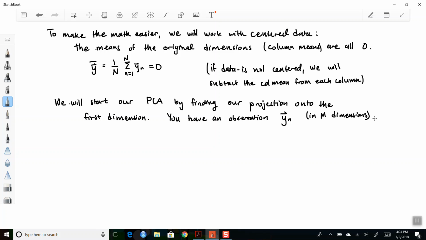But if we're projecting it down to just one dimension, we have to turn those m dimensions into one scalar value. Okay, so you have an observation y sub n that gets projected down to one scalar value, which is its value in the first principal component.